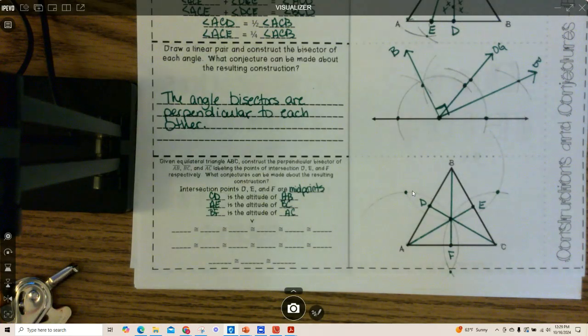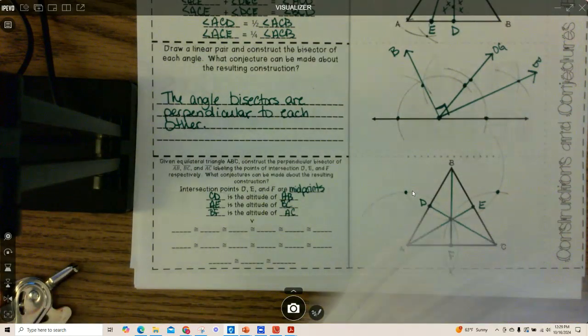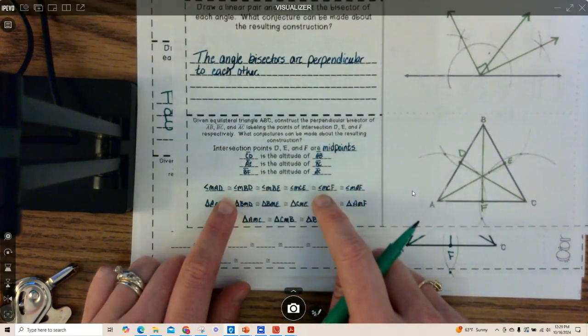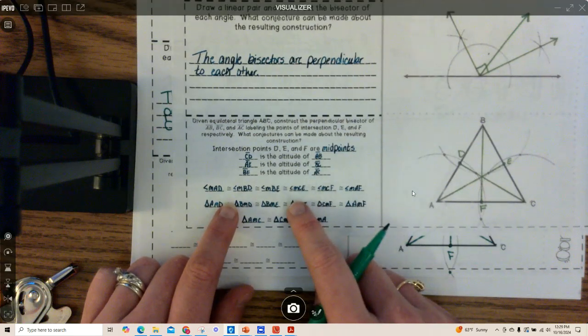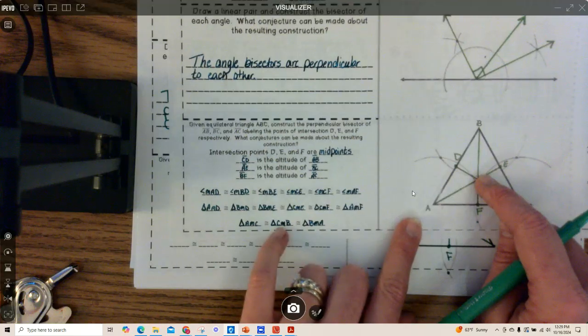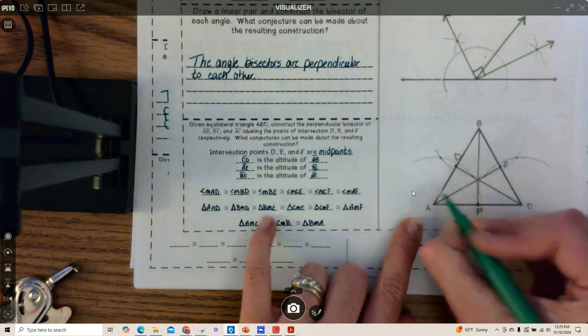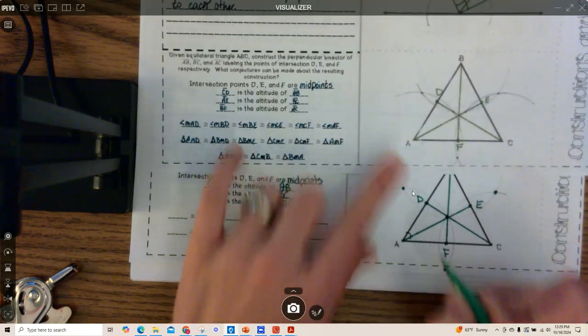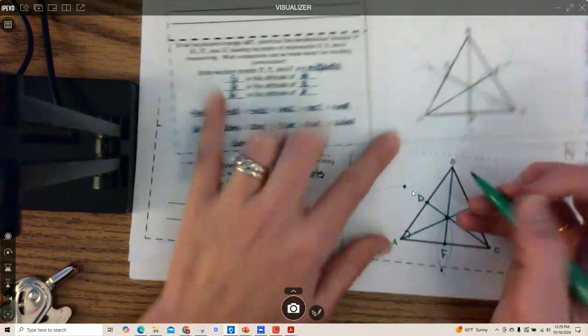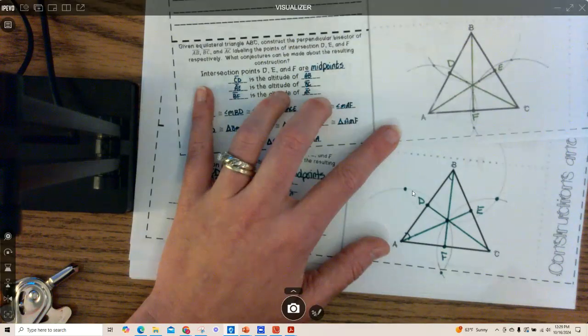I'm not going to make you write all this down, but I'm going to show it to you. I should have printed this on there for you. Here's all the equivalencies. Okay? So MAD, M is the center of this thing. MAD, so this angle here, is equal to MBD, this angle here.